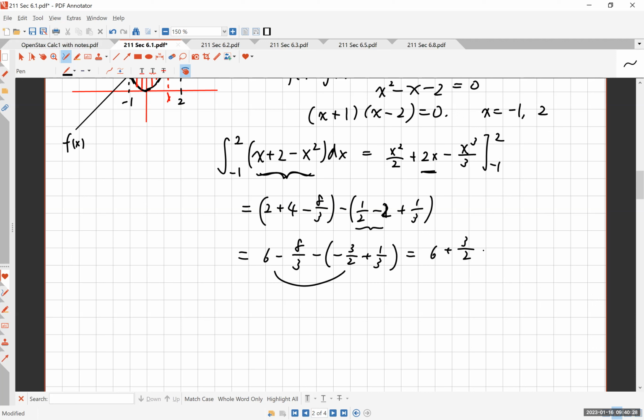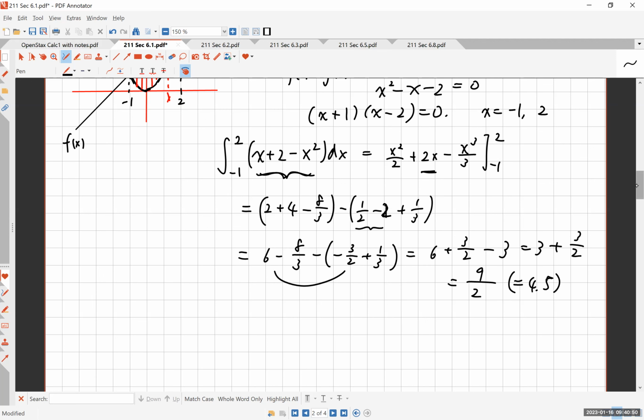And then you have minus 8/3 minus 1/3, that's 9/3, right? That's 3. Okay, so this will be 3 plus 3 halves. Okay, so this will be 9 over 2, or 4.5 if you want to use a decimal.